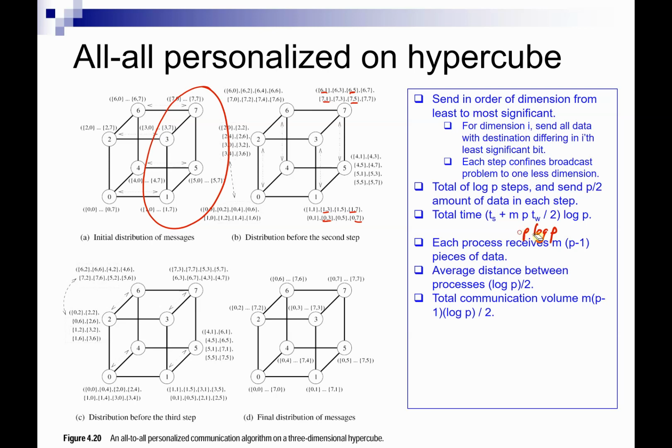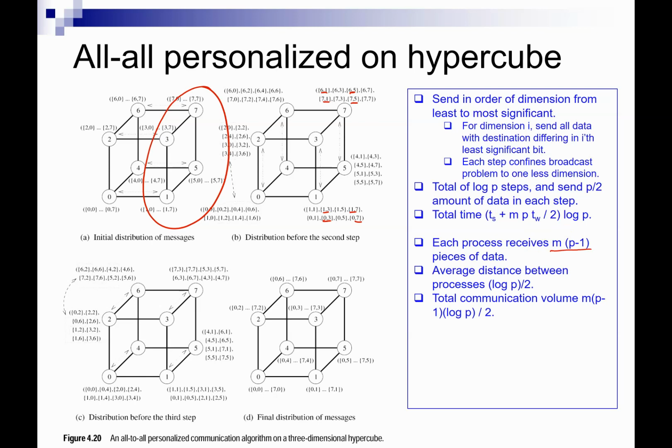Okay, so let's think about this. Each process is going to receive p minus 1 pieces of data from the other p minus 1 processes, right? So each process receives this amount of data. And how far did this data have to travel?